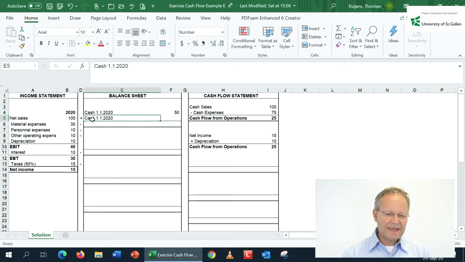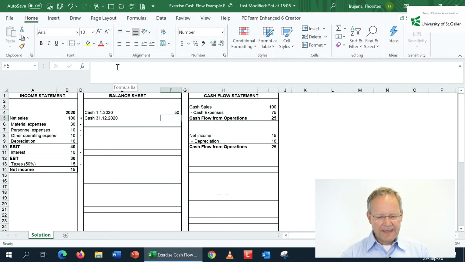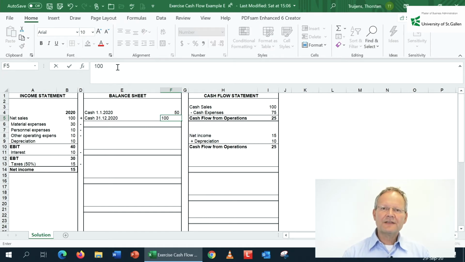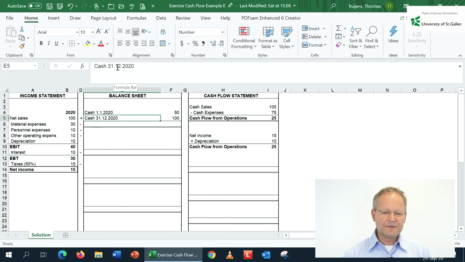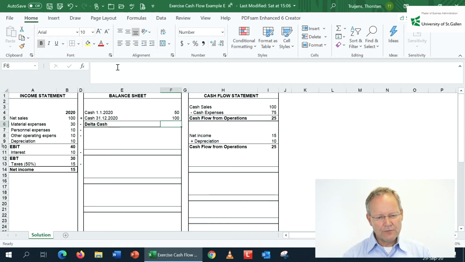Then I came back at the year end, on the 31st of December 2020. And surprise, surprise, I counted the cash again, and it turned out that they actually had 50 euros more in the cash account. So the delta in cash in the year 2020 was actually 50.